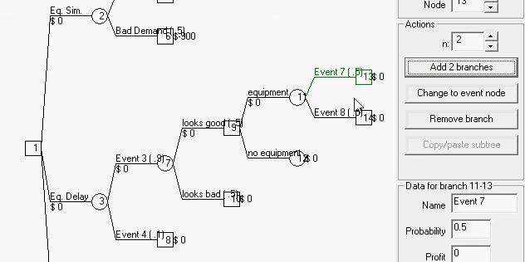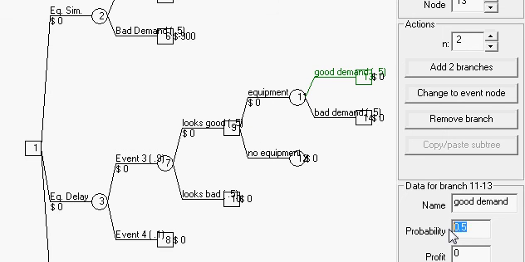So I'm going to add 2 branches. And this is good demand. And down here, this is bad. But notice that now we have to change the probabilities, right? The looks good signal is actually meaningful for the real probabilities.